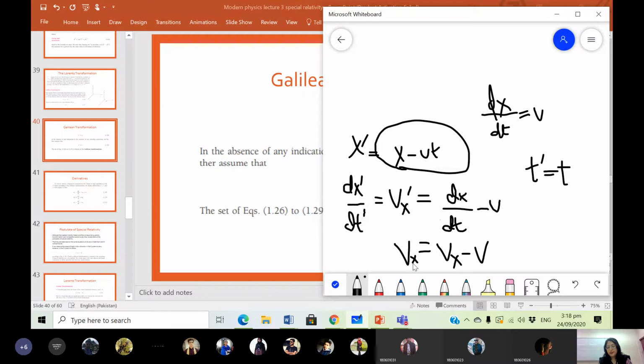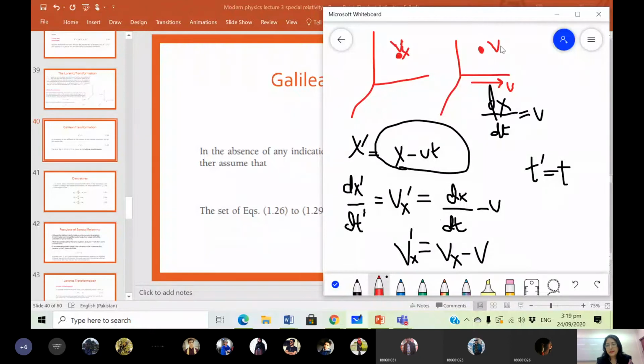This makes sense, right? If you have two frames, and there's an object here that's moving with vx dash, and there's an object here as well, and if this frame is moving with velocity v, as I mentioned in one of the earlier lectures, if its velocity is vx and its velocity is vx dash, how can you relate the two velocities?